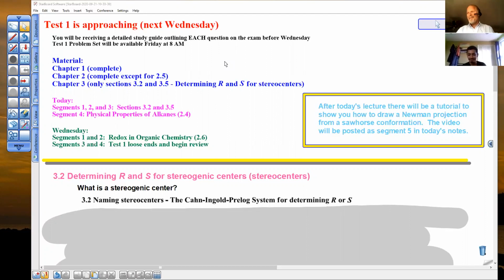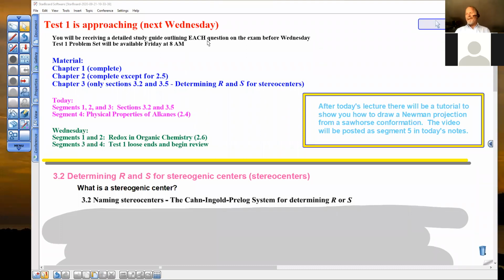So here we are, everybody. Test 1 is approaching, and it's next Wednesday. And once again, we're going to have a tutorial after this lecture at 1:10. I sent an email with some details about our test on Wednesday next, not this week, but next week. You're going to receive a detailed study guide with each question outlined question by question.